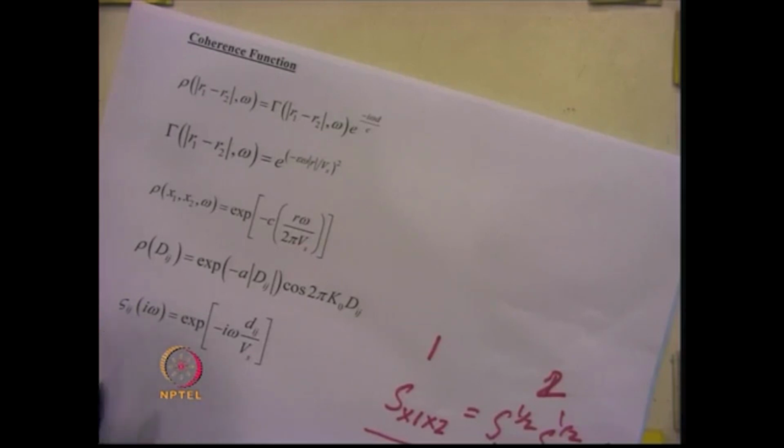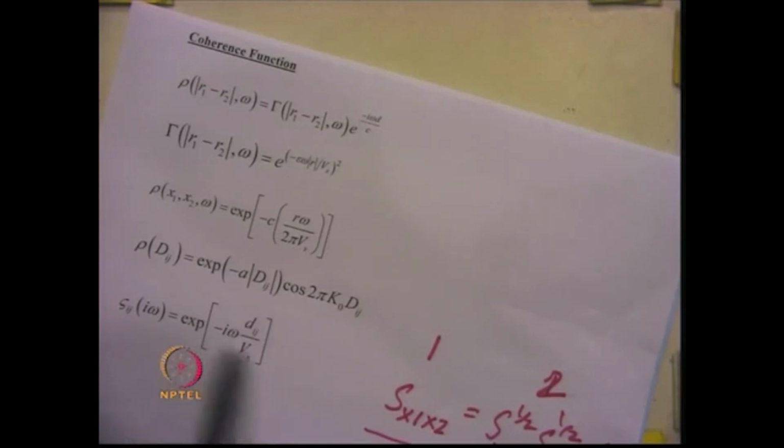The general form of the coherence function represented by this equation is given over here, where we can see that this is an exponential function of an imaginary quantity i.